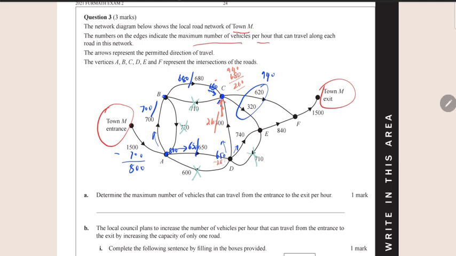So if we take away 260 from 650, that leaves me with 390 that can continue in this direction. And of course the capacity is 740, so 390 can easily be accommodated in that direction. And so 390 reaches here.